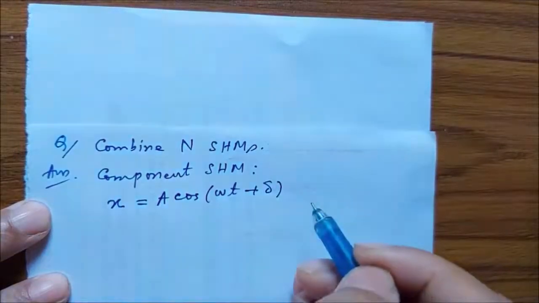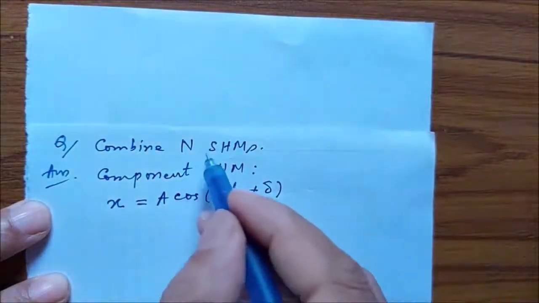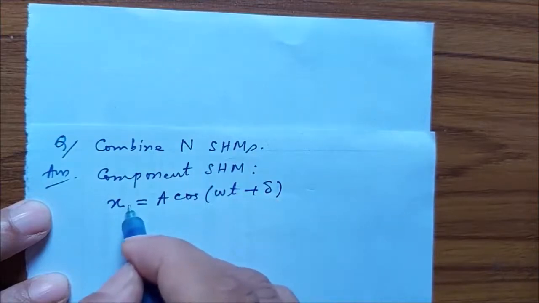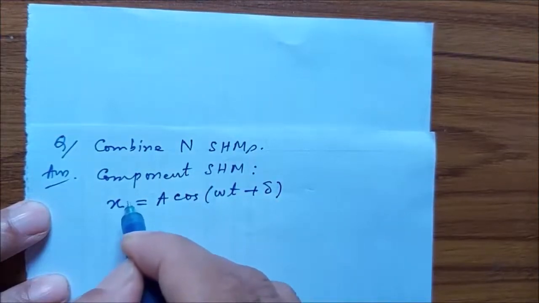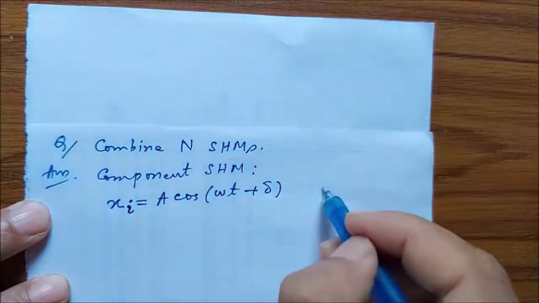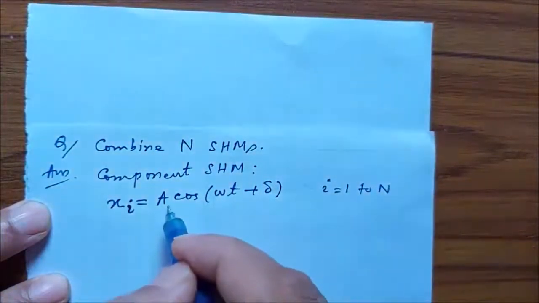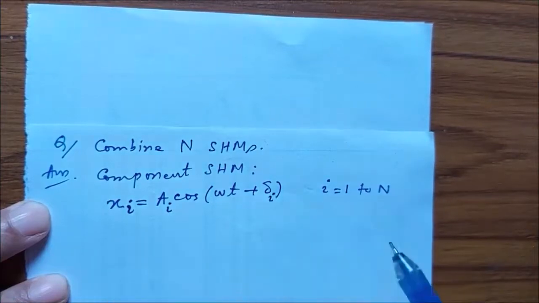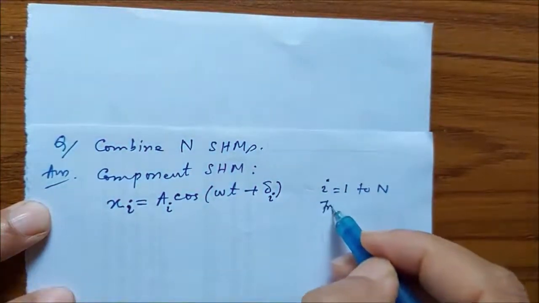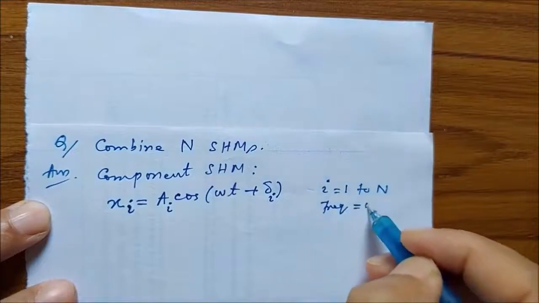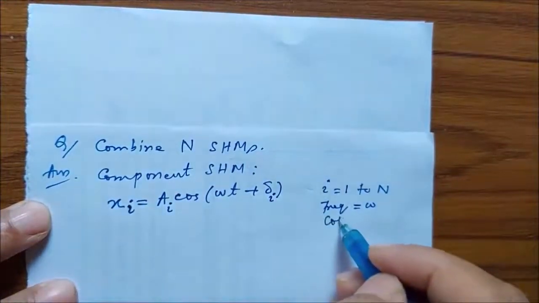Let us choose this form. Now there are n SHMs, so let us attach index i, where i runs from 1 to n. So they all have frequency omega and they are collinear.